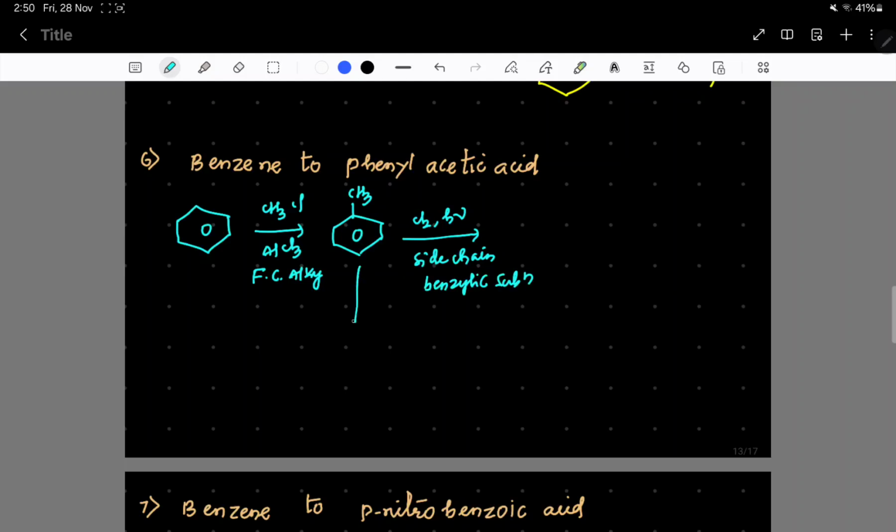Or else, student, if I use Cl2 followed by AlCl3, electrophilic aromatic substitution takes place. So that means Cl will take place as ring substitution. But in presence of sunlight, student, this is a side chain substitution, right?